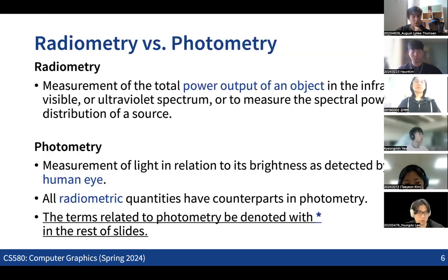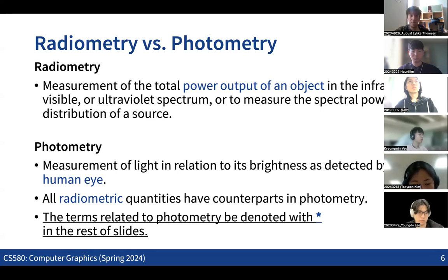And the other thing is that we are also going to discuss some different terms, also interchangeably. What we are going to mainly discuss are terms that are defined in radiometry. Radiometry is all about the power of the light, or quantities defined based on the power of the light. Photometry is different in that these are quantities defined based on the brightness that is really perceived by the human eyes.